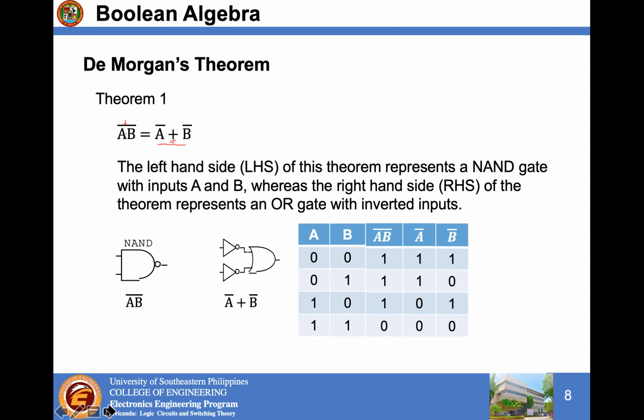And also we have to get the complement of B. That is 1, 0, 1, 0 from 0, 1, 0, 1. So if we OR this A bar and B bar, we have the same output as A NAND B. So this expression is the same as this one.